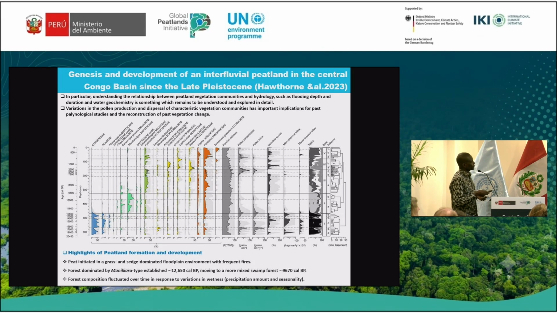And what is also important is, when you see the diversity and the flora and compare it to what we see in the pollen analysis, it's very interesting. We see that from the beginning, the peatland in that area comes up with Cyperaceae and Poaceae, that's grasslands. And then slowly the forest starts recovering that area.